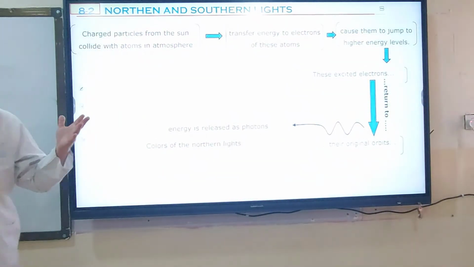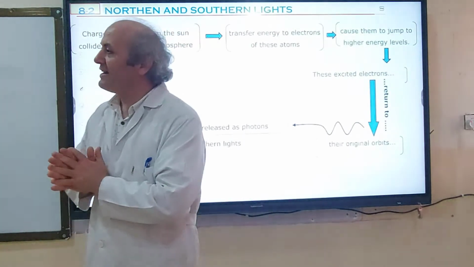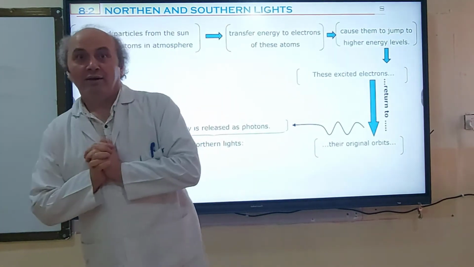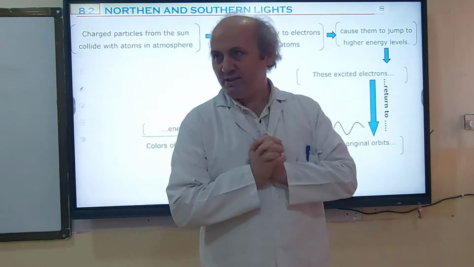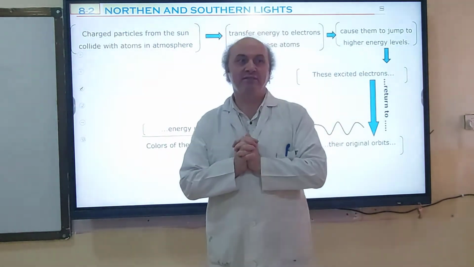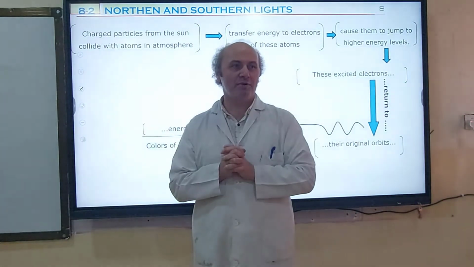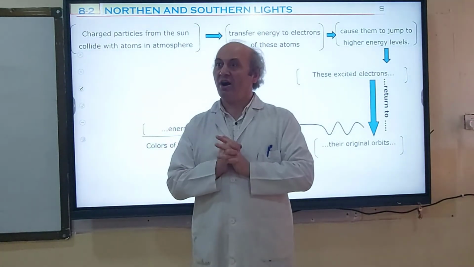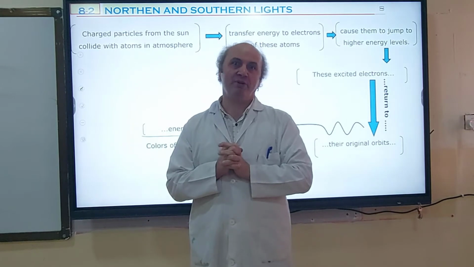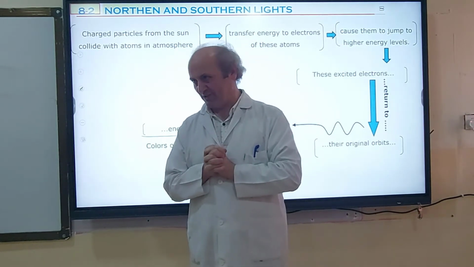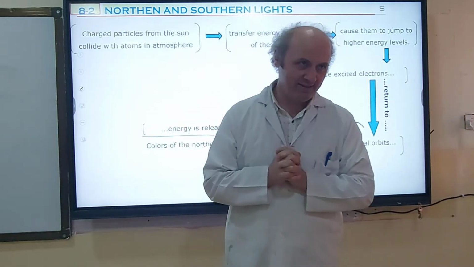Okay, we need the sun. The sun provides us energy. Good. Without the sun, life is impossible. But the sun does not provide only light for us. The sun also provides some dangerous, harmful particles because of the explosions in the sun, called solar wind.